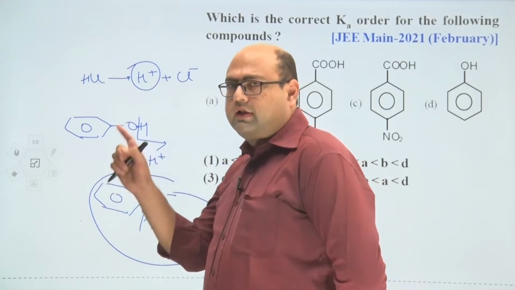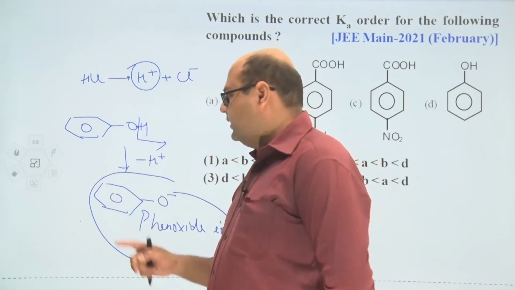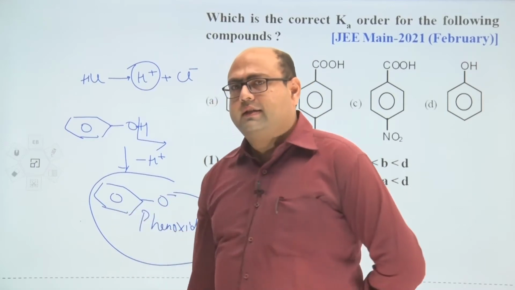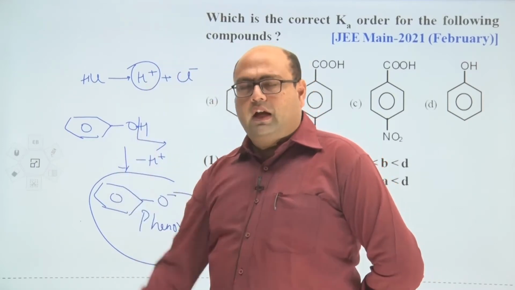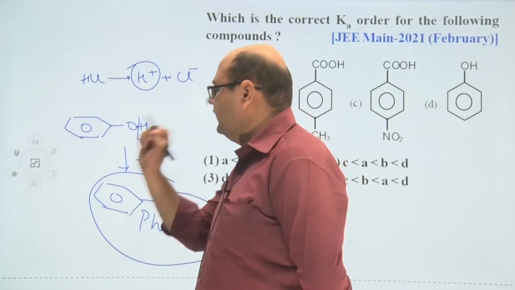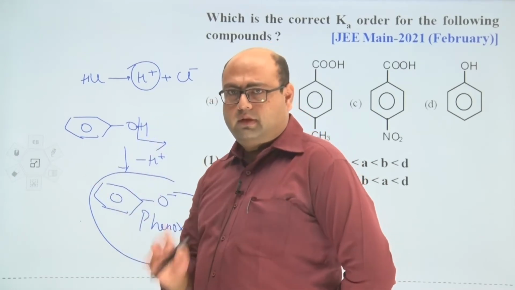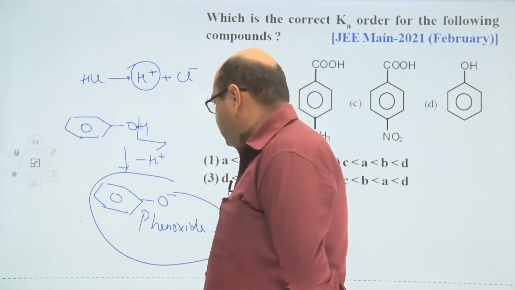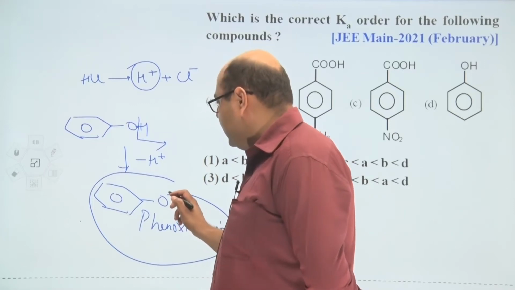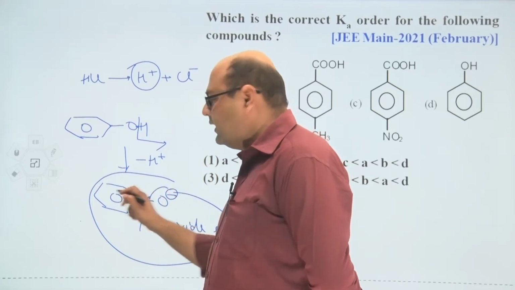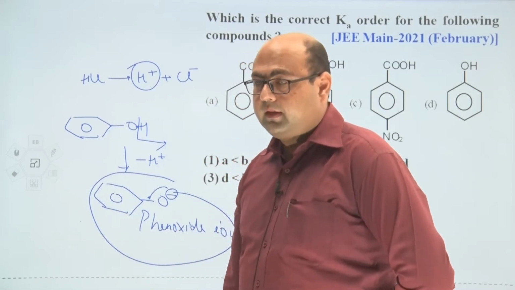We will move on to the question, but first you should understand this concept. I am saying if this phenoxide ion is stable, if by any means it is stable, then this phenol will be a good acid. Just for understanding, we can see here in this phenoxide ion, the negative charge on oxygen will take part in resonance in this ring.